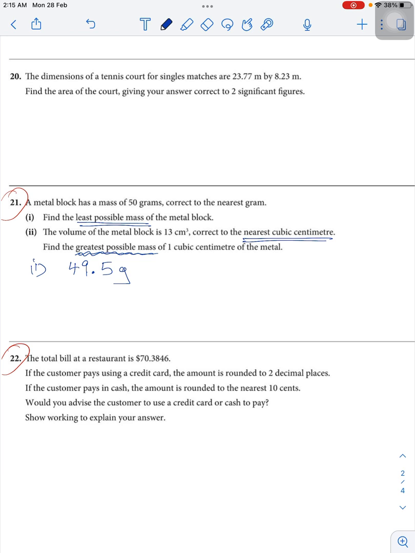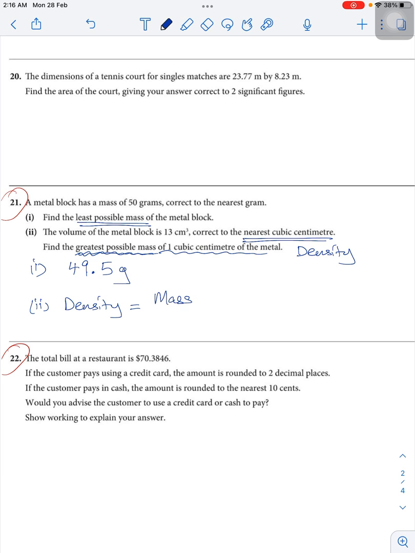In this case, you need the mass of 1 cm cube of metal, and you have the volume here. So in fact, what they are talking about is density. So what is density?